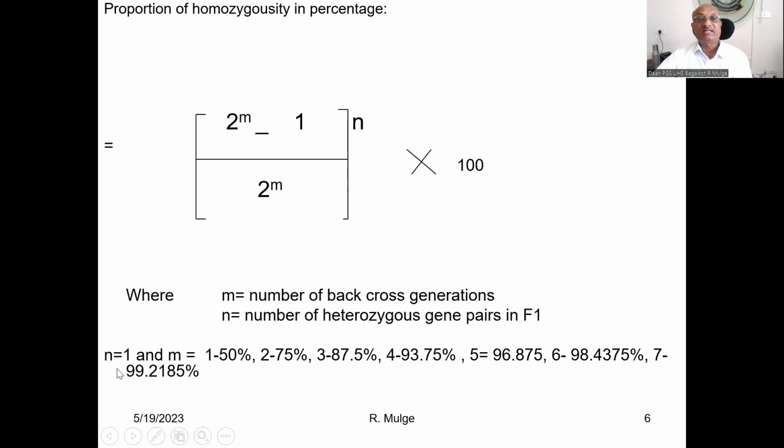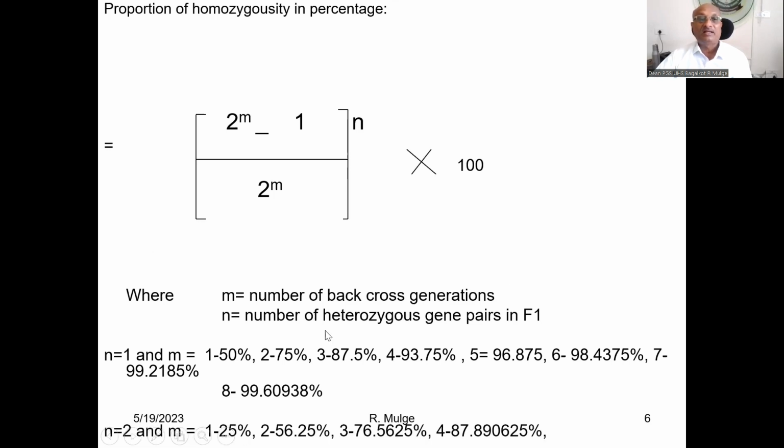So n is nothing but the number of heterozygous pairs of genes. For one gene: first backcross generation 50%, second backcross generation 75%, third backcross generation 87.5%. Even selfing doesn't matter.